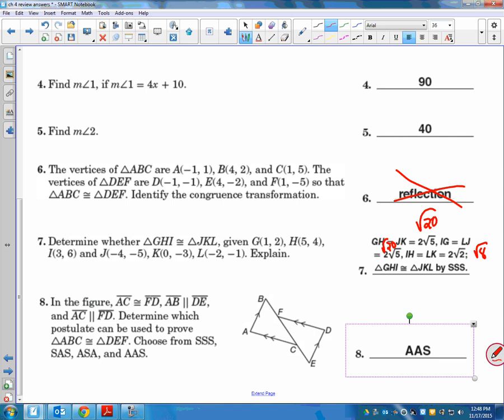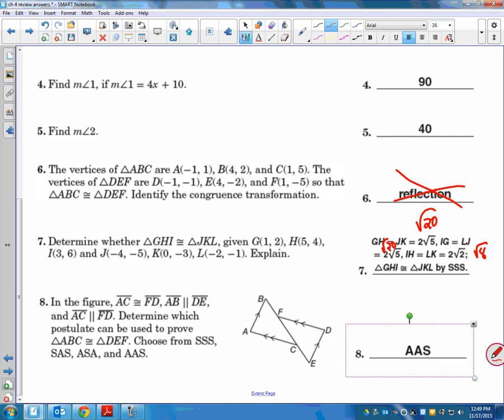What about number 8? This one I could have said, you do a proof of this, but if it was my test and not the book test, it would say do a proof of this. But this one just says, how do you know they're congruent? If they give me parallel lines, what am I going to have to be looking for? What are they trying to tell me if they tell me 2 lines are parallel?